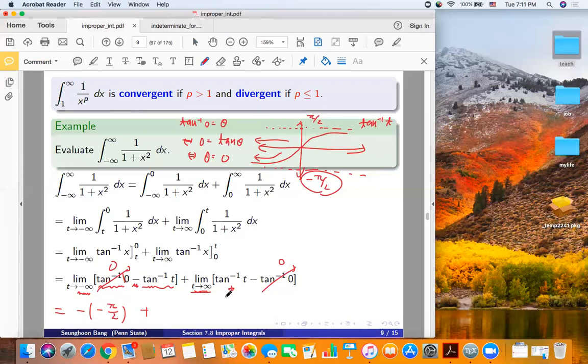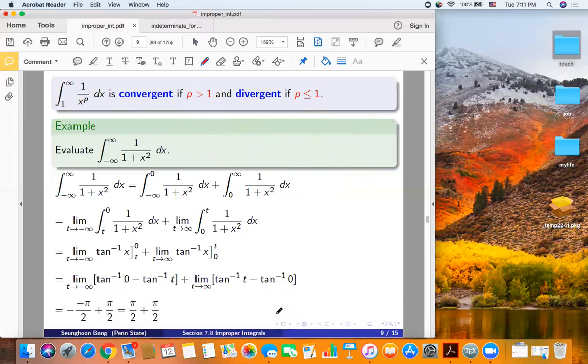He said pi by 2, Kylie said pi by 2, yeah, this is pi by 2. So as the t value approaches positive infinity, this function approaches pi over 2. You simplify pi over 2 plus pi over 2. The answer is pi. That's it. This is the whole idea for solving this problem.